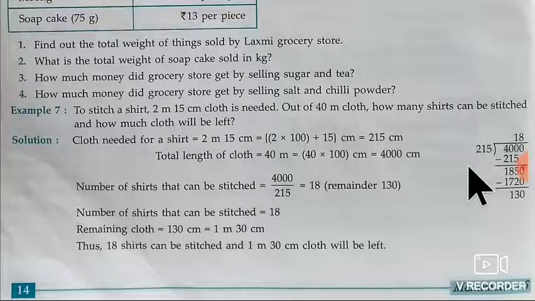Then we divide 4000 by 215 and the result is 18. We can make 18 shirts and the remaining cloth is 130 centimeter. It means 1 meter 30 centimeter.